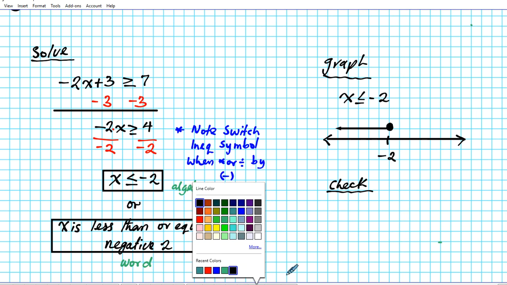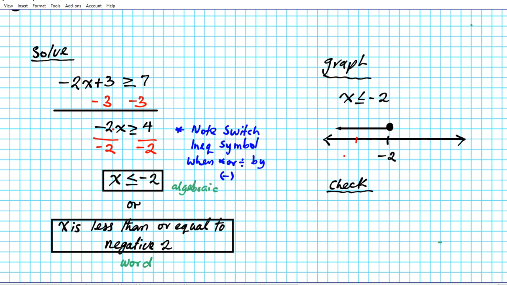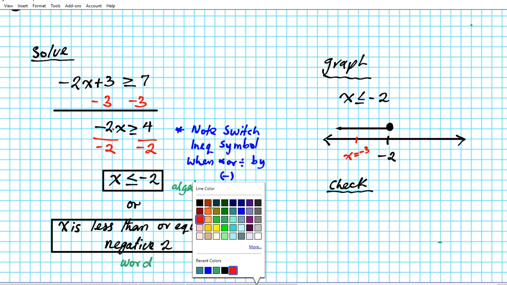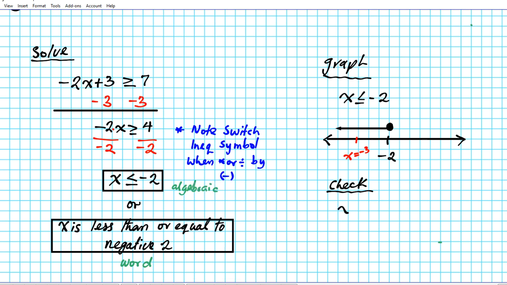Okay? Alright, so we could pick -2, but I'm going to pick -3 because it's to the left. -3 is right here. It's to the left of -2. Alrighty, so we're going to be checking with x equals -3.